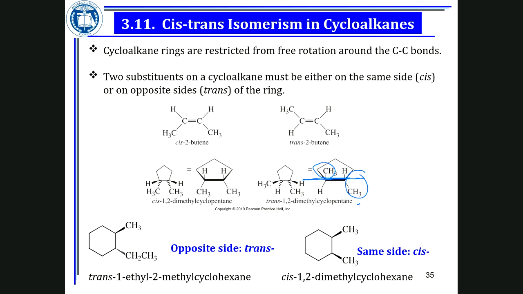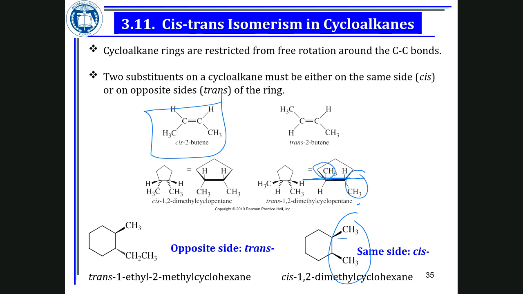So just like the cis-trans that we have for alkenes, here also for cycloalkane, if you have 2 branches on a cycloalkane and the 3D structure is given to you, you should name it as cis or trans. How do we know that these methyl groups are on the same side?